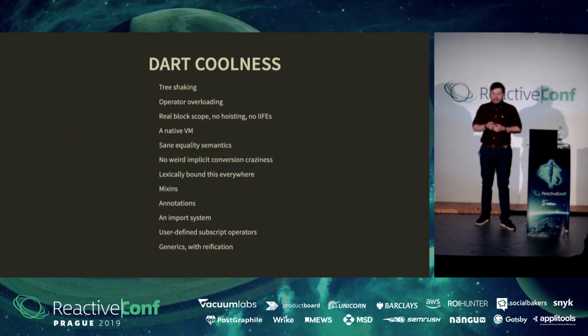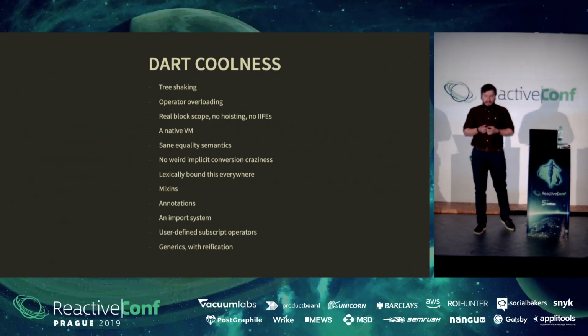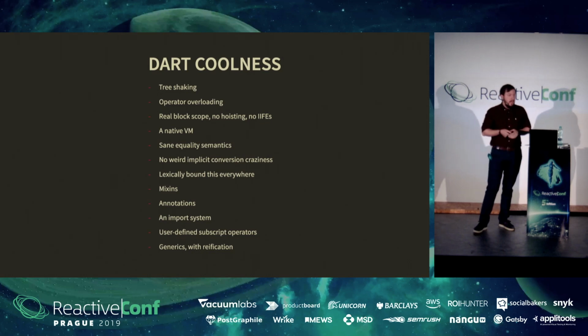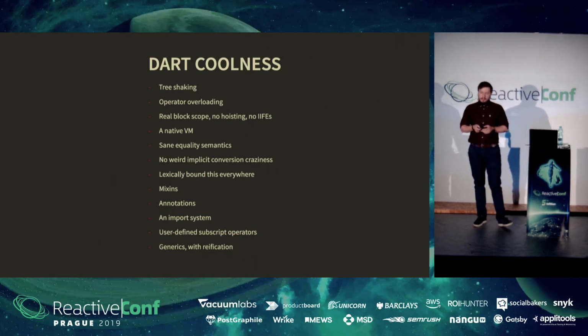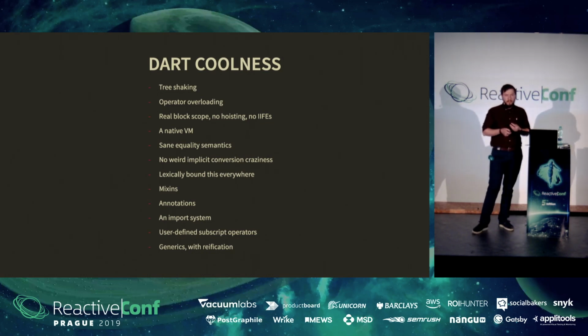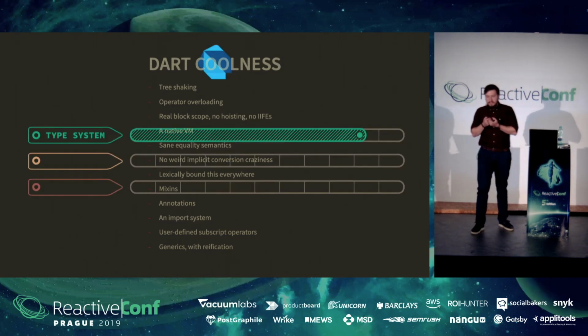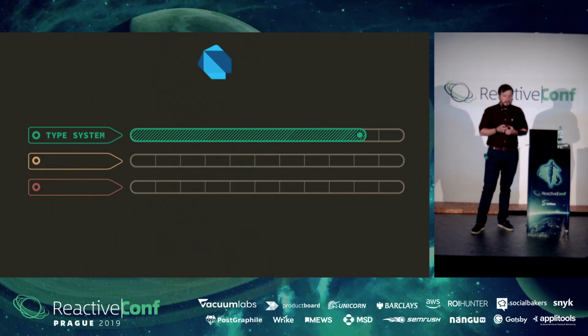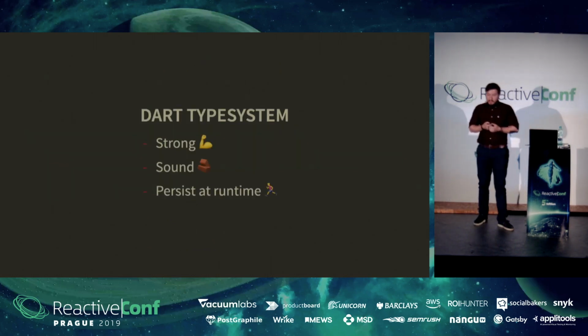And Dart has a lot of cool stuff in it, like native VM, tree shaking, operator overloading, many things. I will not talk about all of them, of course, but three things were super cool for us. And the first of all is, of course, the type system. Dart's type system is strong, sound, and persists at runtime.